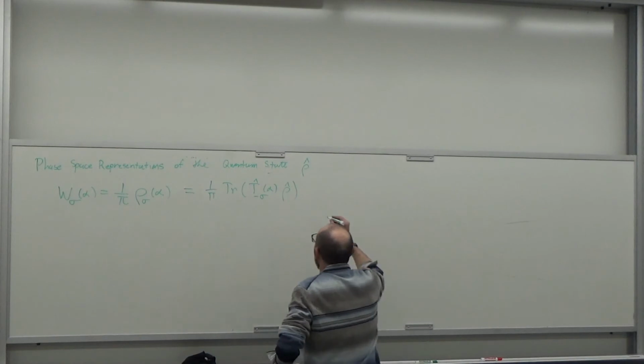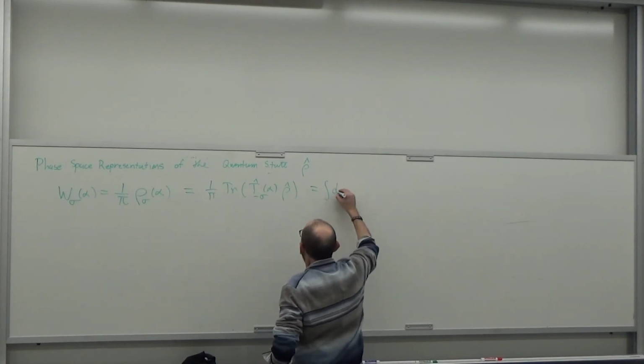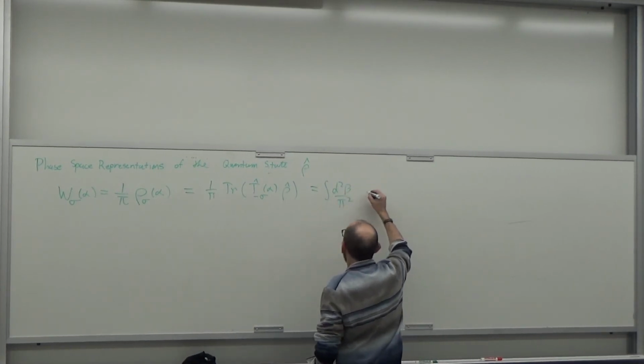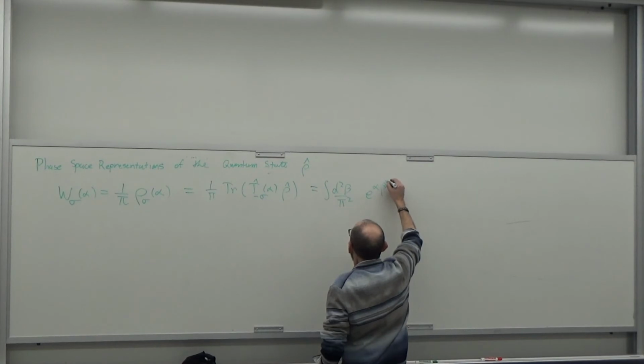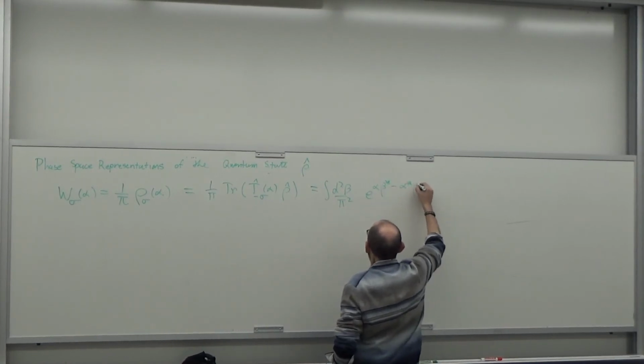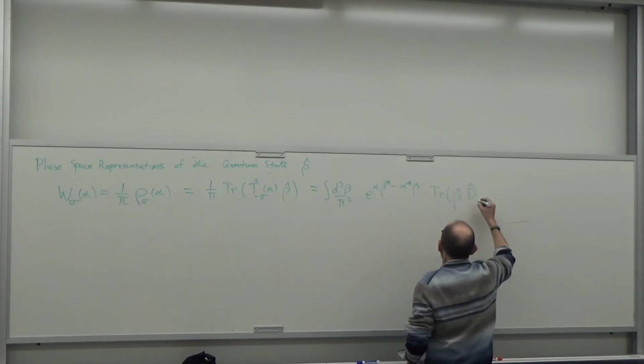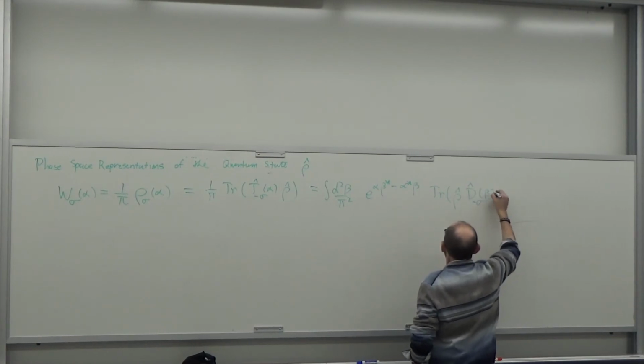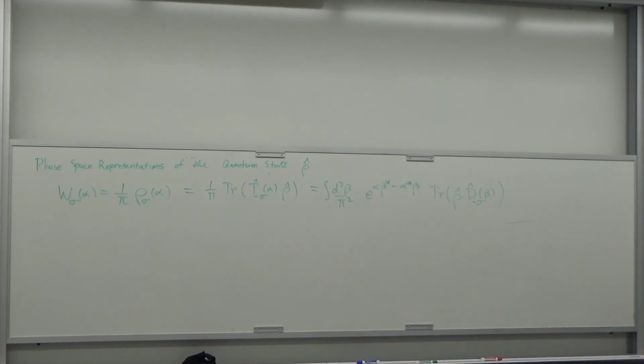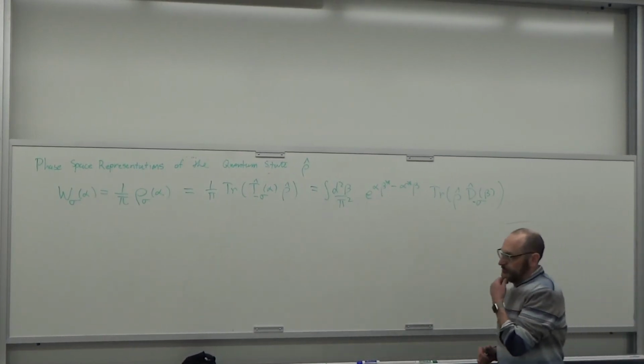Or, if you like, 1 over pi squared, integral d beta, e to the alpha beta star minus alpha star beta, the trace of rho with D minus sigma. So this is the sigma-ordered representation of rho.